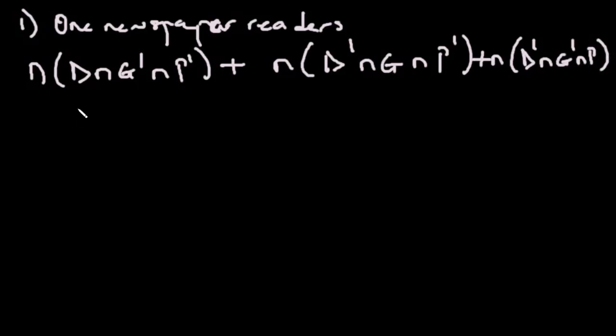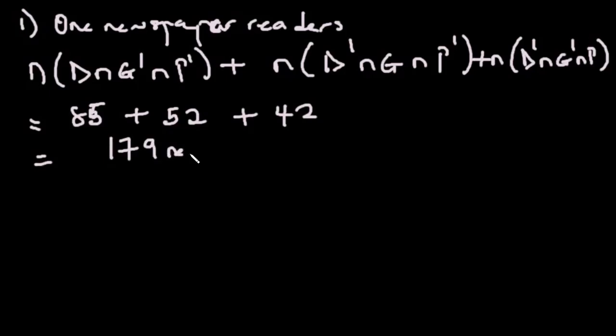So here we're just saying Daily Times only readers, we have 85, plus Guardian newspaper readers, plus Punch newspaper readers. And when we add these together, we have 179 readers read exactly one newspaper.